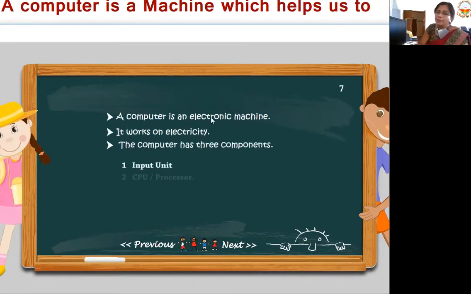Yes, a computer is an electronic machine. It works on electricity and it has three main parts or three components. They are input unit, then CPU or a processor, and third one output unit. Input unit, processing unit, output unit.